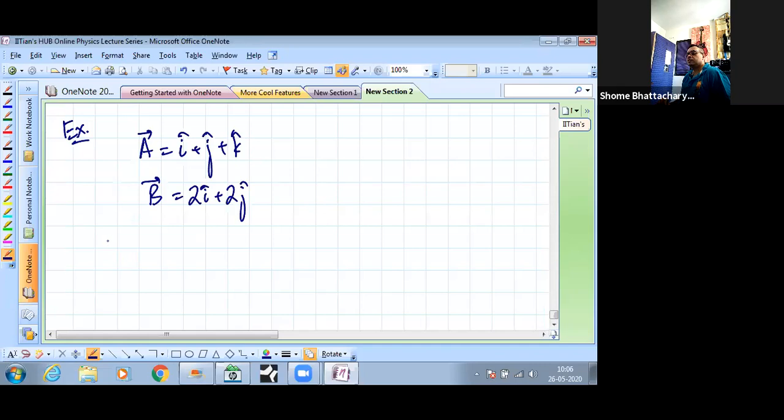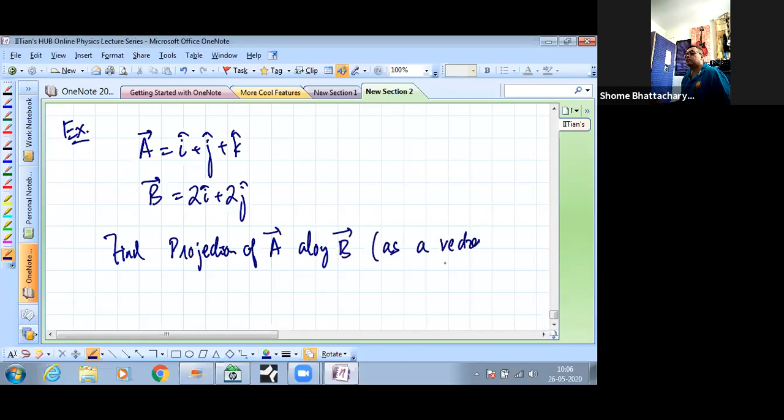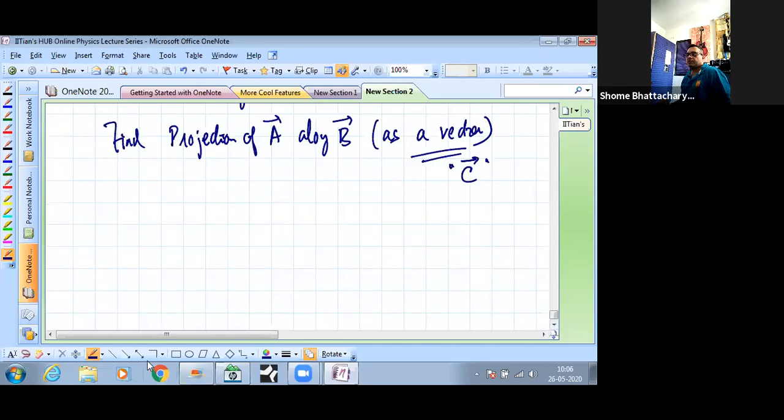Now let us find the projection of E along B as a vector. Let's say that vector is C. So C is a vector which represents the projection of A along B.